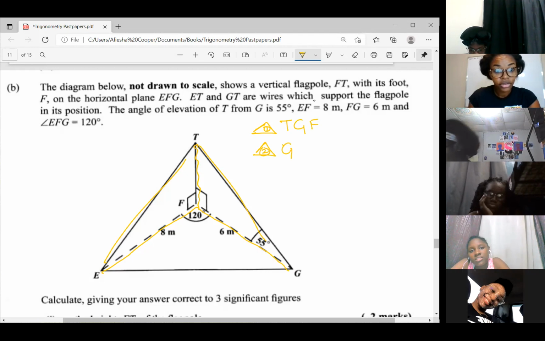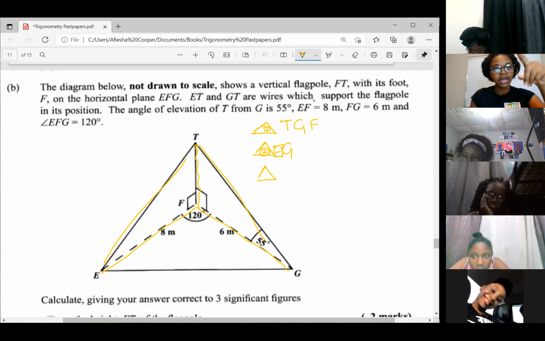ETG is the big triangle. TGF is one of the triangles. Give me another triangle, please. EFG.